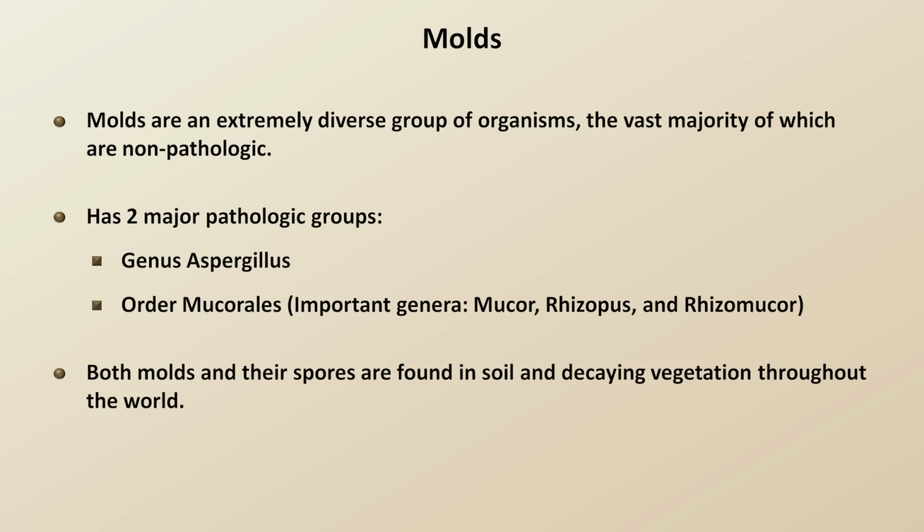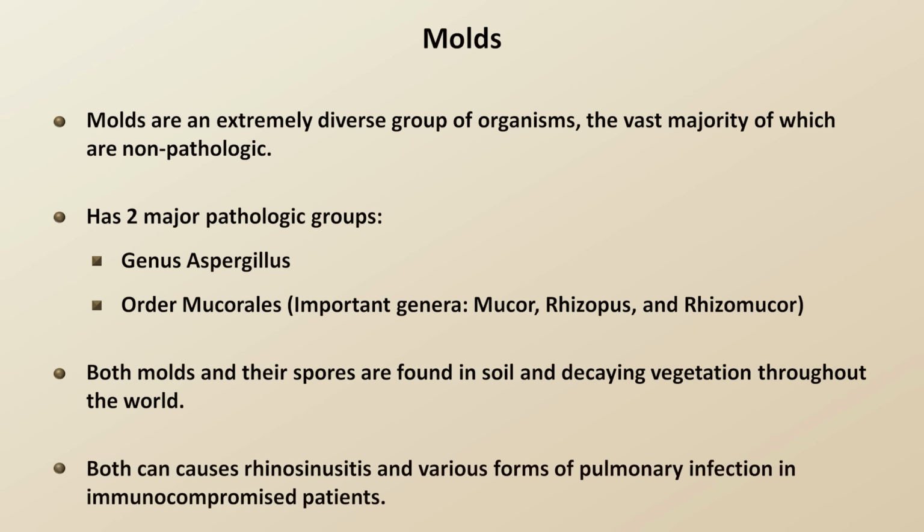Both mold groups and their spores are found in soil and decaying vegetation throughout the world, and both can cause a particularly aggressive and devastating rhinosinusitis, as well as various forms of pulmonary infection in immunocompromised patients.